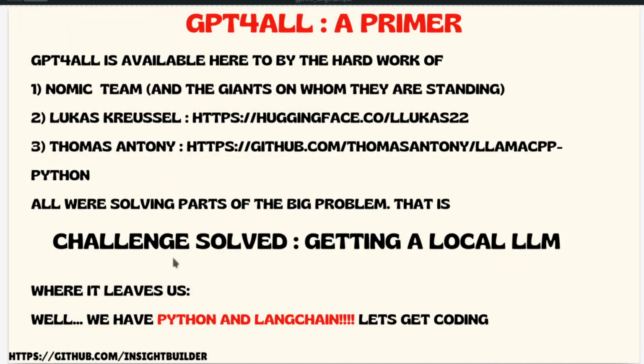Before we start, I really thank the Nomic team, Lucas Priusal, who uploaded the Nomic quantized model in Hugging Face, which we'll be using, and Thomas Antony, who helped in creating the Llama CPP Python library, which will be used by Langchain in order to interface the GPT4All model with Langchain.